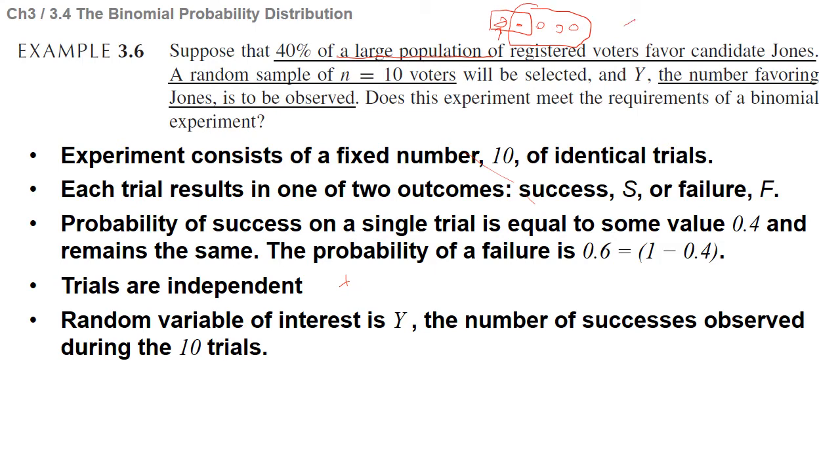So it would not be independent for a small population, but for a large population, even if you select one, the remaining probability is still 40% of voters favoring Jones. So for a large population, we can assume that trials are independent.